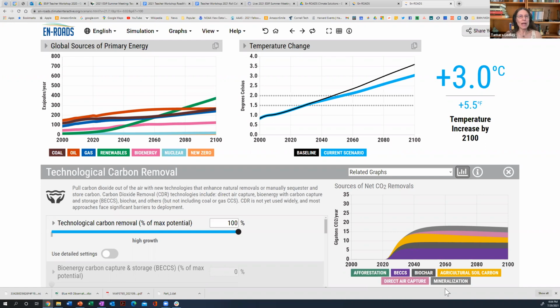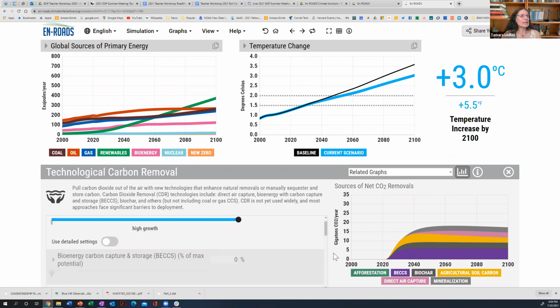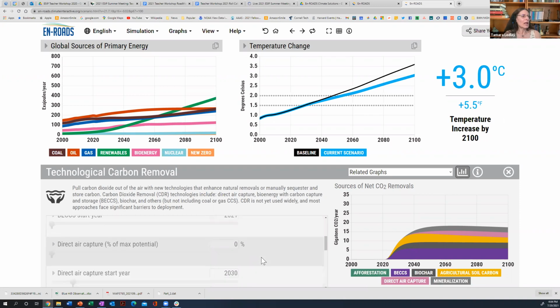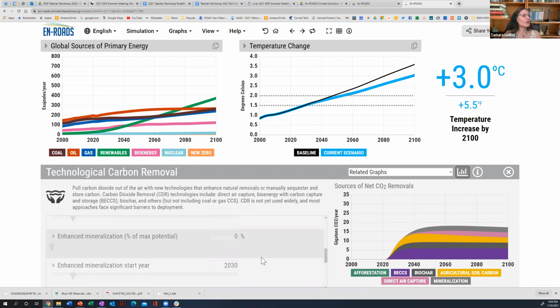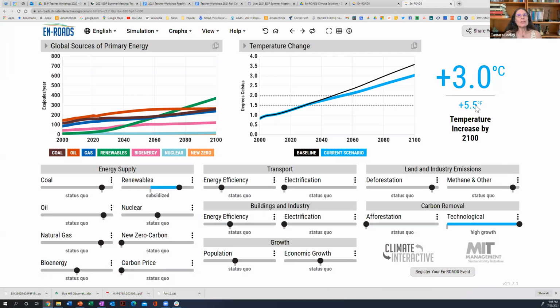There is also direct air capture and mineralization. When we did the maximum potential, that was 100% here. You can also identify these individually and increase them individually, to see which ones are the most impactful in terms of removing carbon. So we've gotten now down to 3.0.